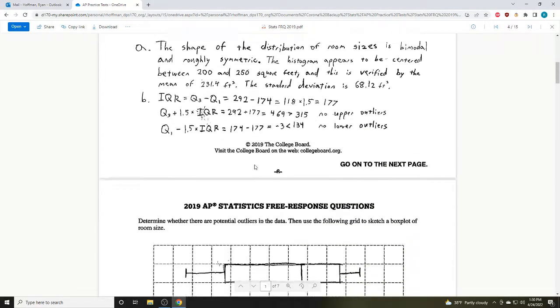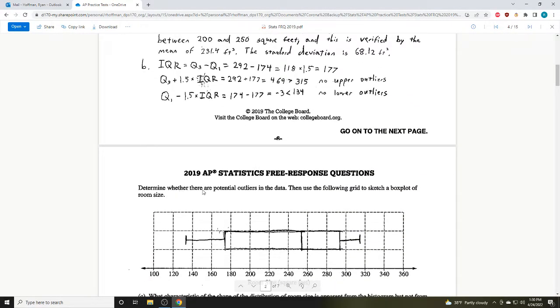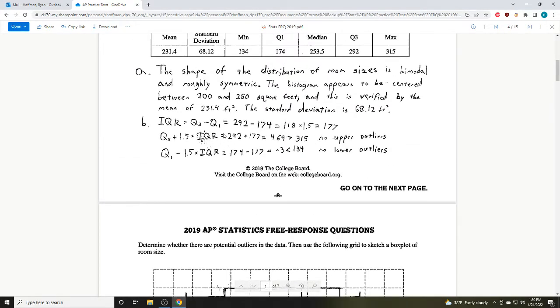Part B, down here, it asks for you to determine whether there are any potential outliers. So we're going to use the 1.5 times interquartile range rule, which is 177. Take the interquartile range, Q3 minus Q1, multiplied by 1.5, that's 177.